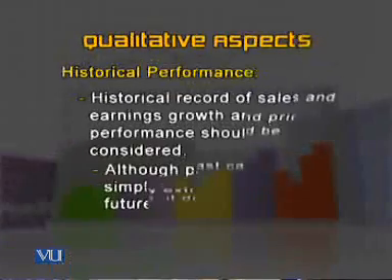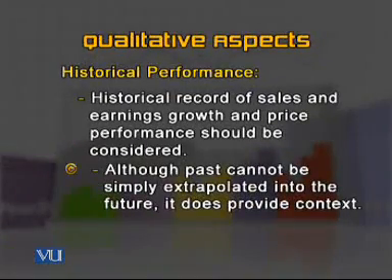And we do also look at the price performance of the past. These all have to be considered. These historical performances will have a bearing on current market prices. Although the past cannot be simply extrapolated into the future, it does provide some context.